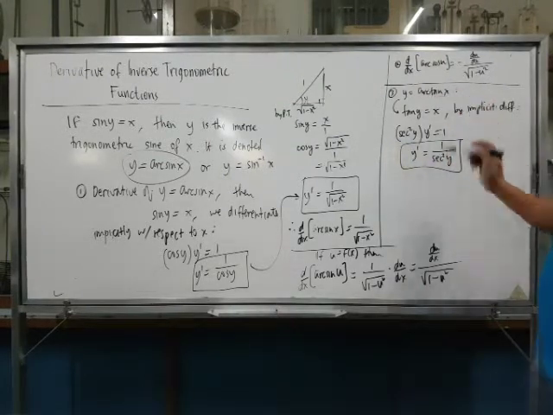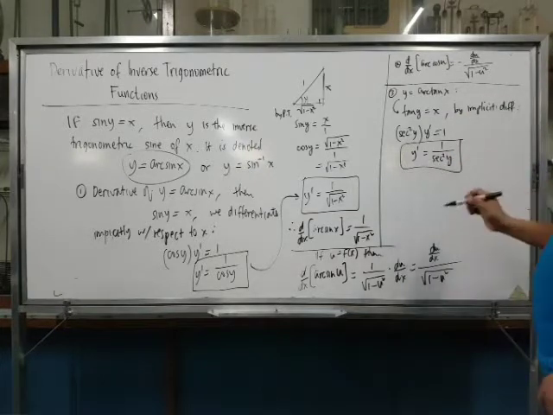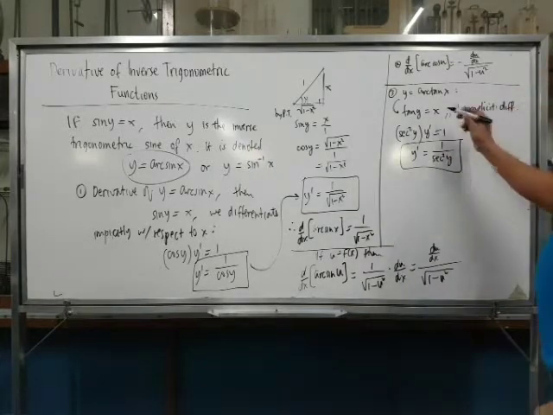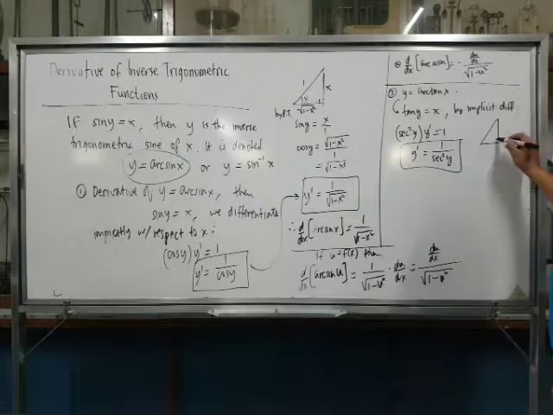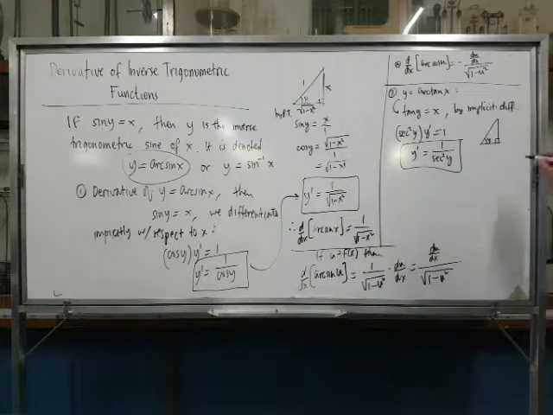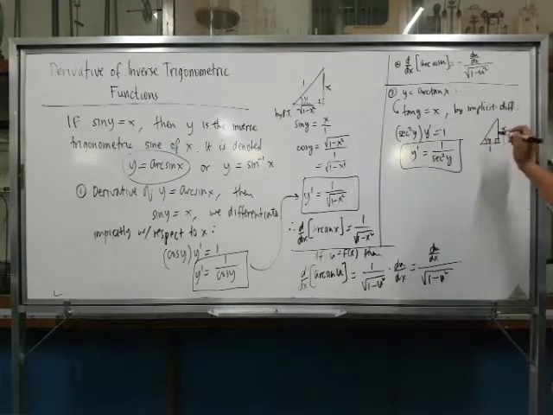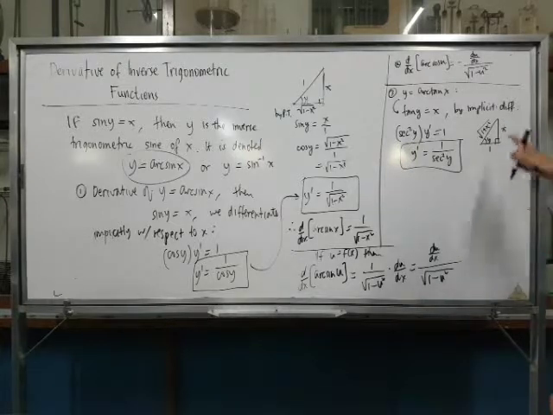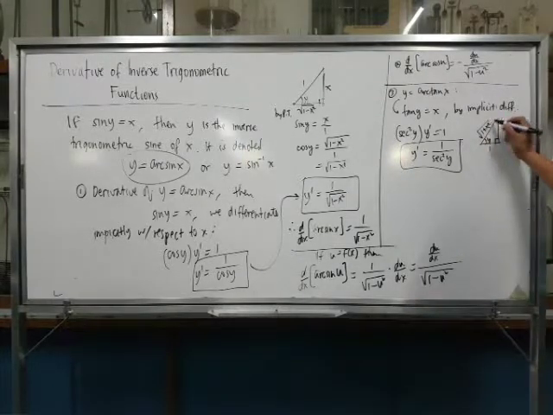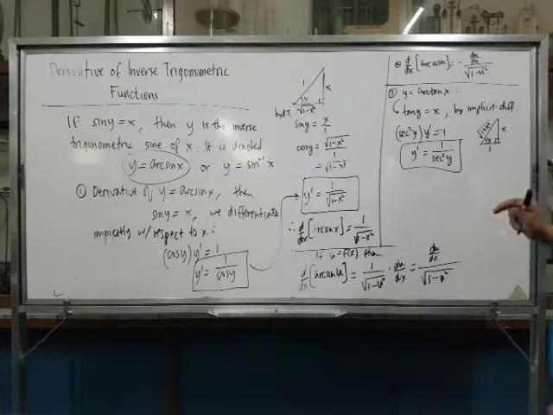Again, since originally y is a function of x, the derivative should also be a function of x. To do that, we can construct another triangle. Let's say this angle is y, and tangent y is x over 1, so opposite over adjacent. The hypotenuse can be obtained by the Pythagorean theorem, the square root of the sum of the squares of the legs.